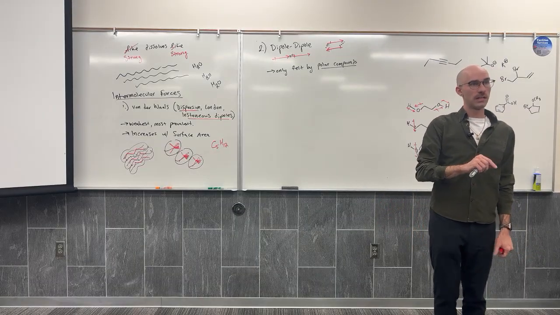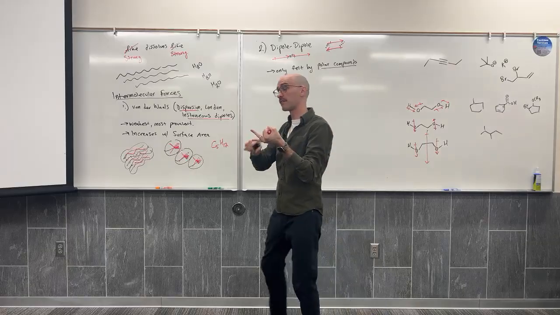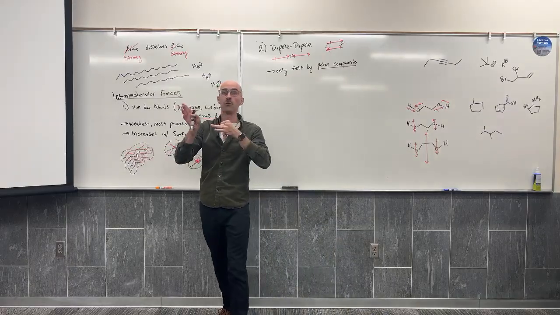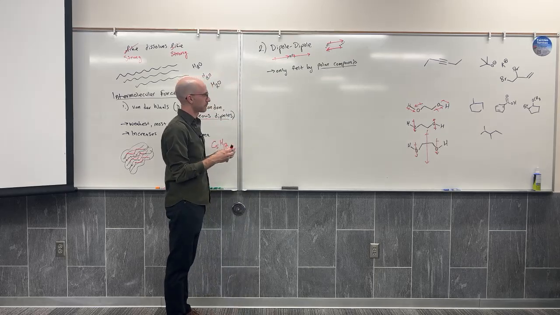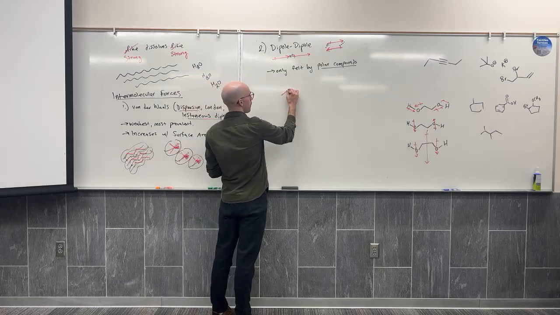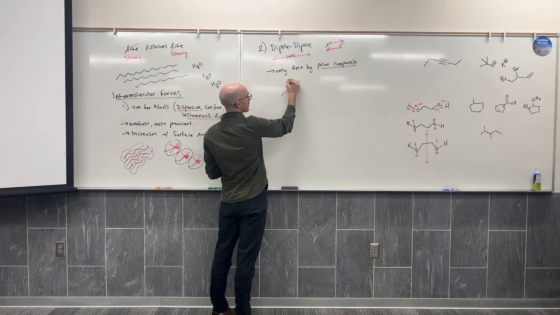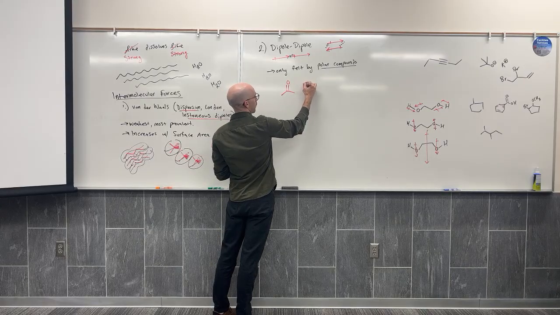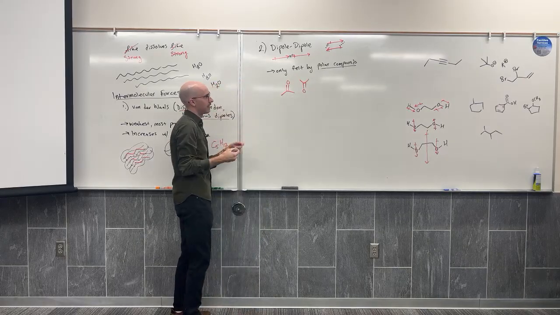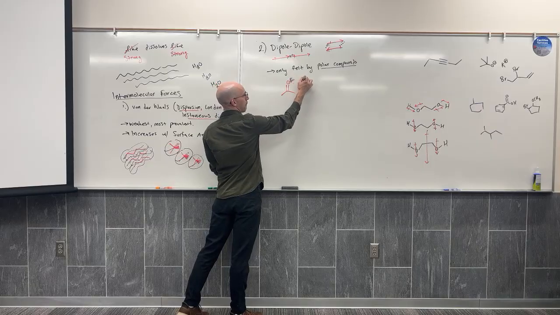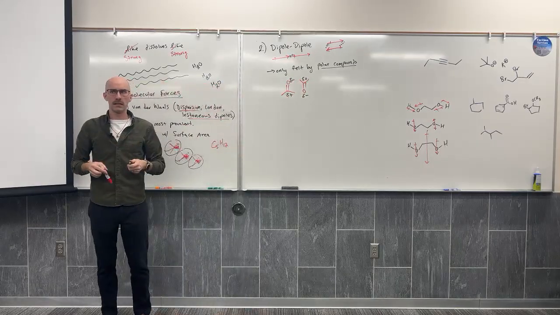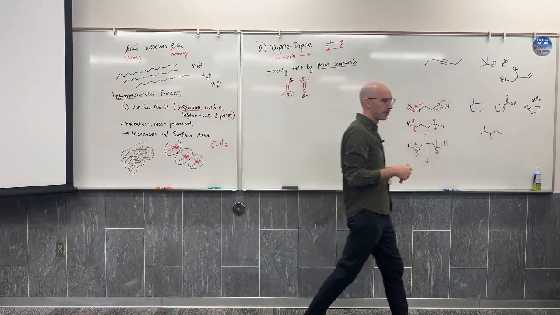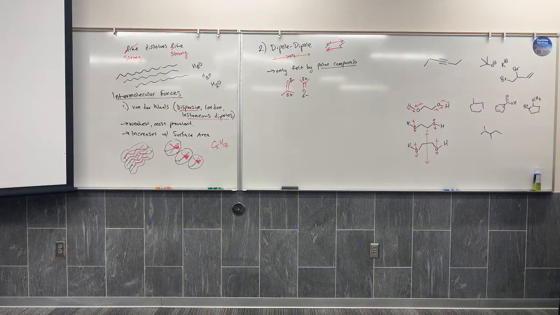Both molecules, whether those are two molecules of the same compound or two different molecules, both molecules must have a dipole. So, for example, acetone can interact with acetone by dipole-dipole interaction. And a lot of those other compounds, 1-bromobutane can interact with itself by dipole-dipole interaction.